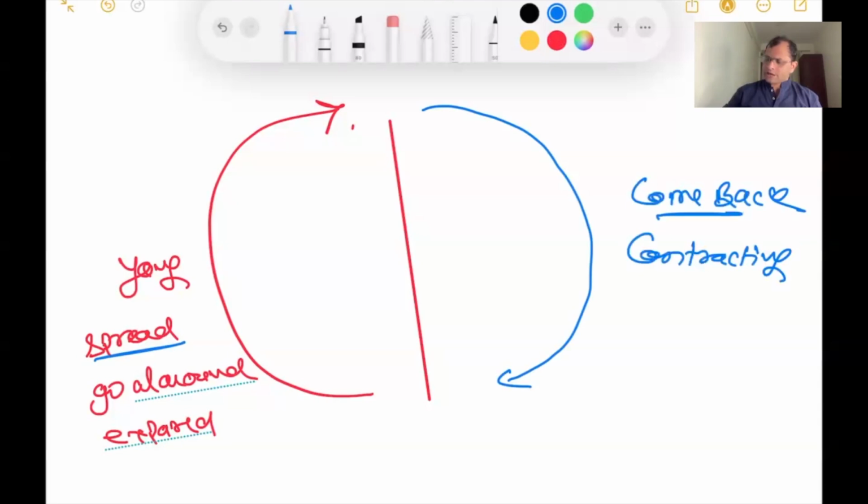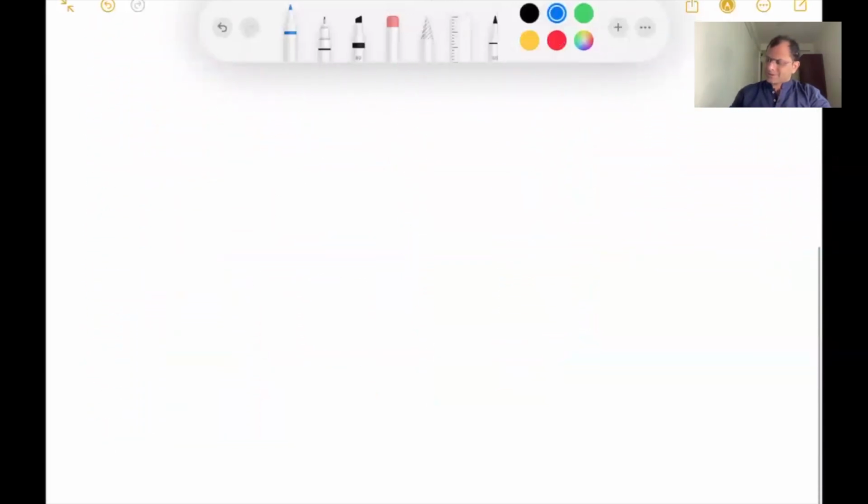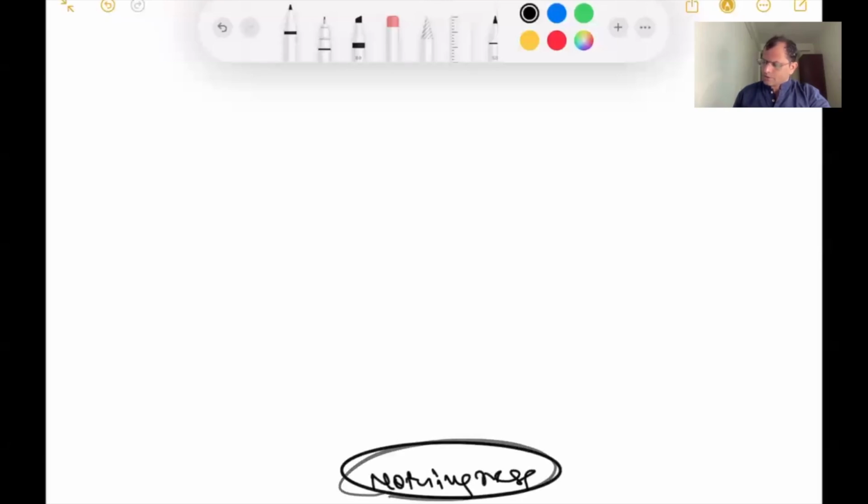So on the one side, yang is spreading, on the other side, yin is coming back. This we know as the theory of yin and yang. We can also understand it in this way. This is the nothingness. From the nothingness, there is the origin of yang.